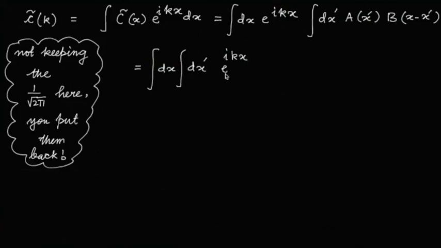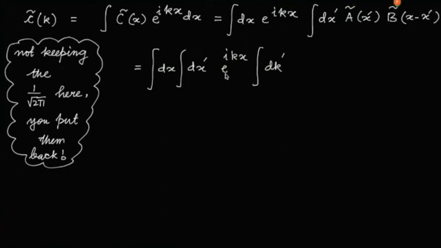Now I will do two more integrals where A(x') will be written in terms of its Fourier transform. So I have a dk', it cannot be dk again because then I will confuse it with this k. So dk', I'm just writing the Fourier transform of A(x'), and I forgot to put the tildes here, but that's all right.